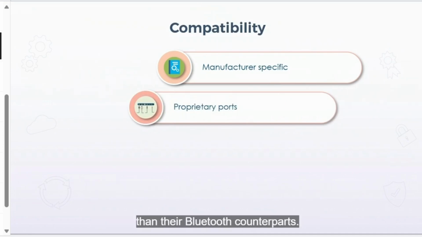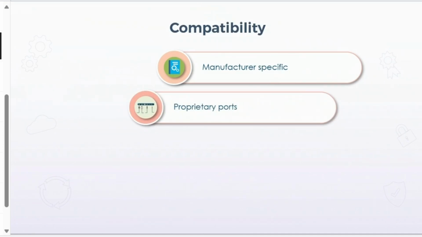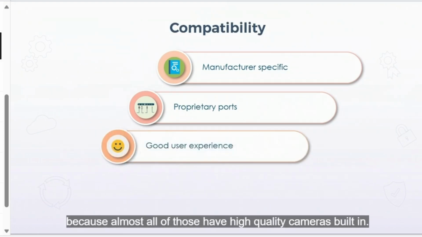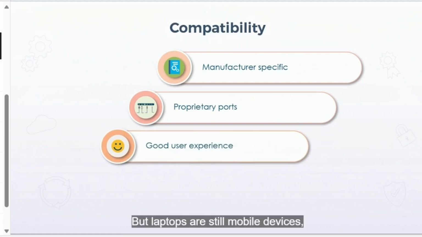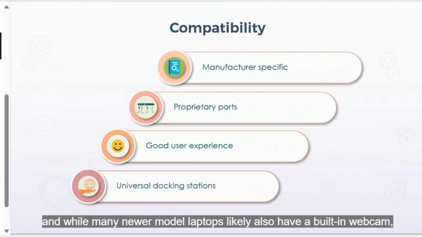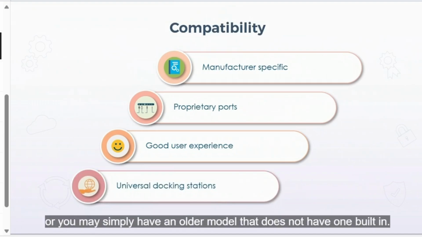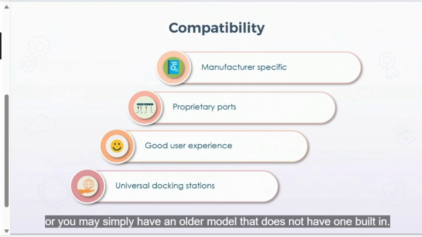On the laptop itself, the port is most commonly found on the bottom or sometimes along the back edge, but since it is a proprietary connection, this usually translates into a reliable and consistent user experience because, quite literally, the two are built for each other. That said, you may still be able to find a universal docking station that is compatible with your laptop, but it may not offer as much functionality or operate as reliably.